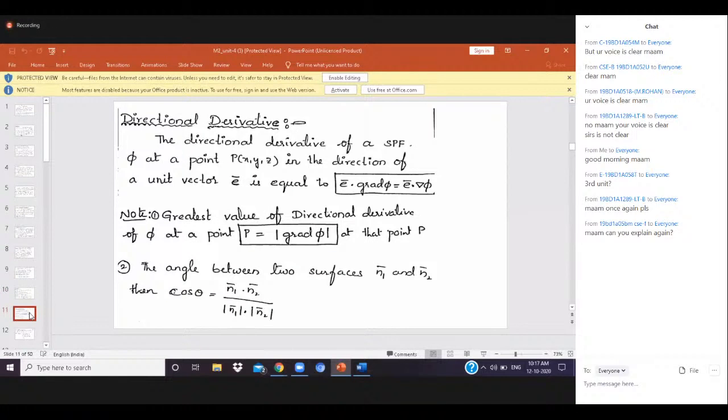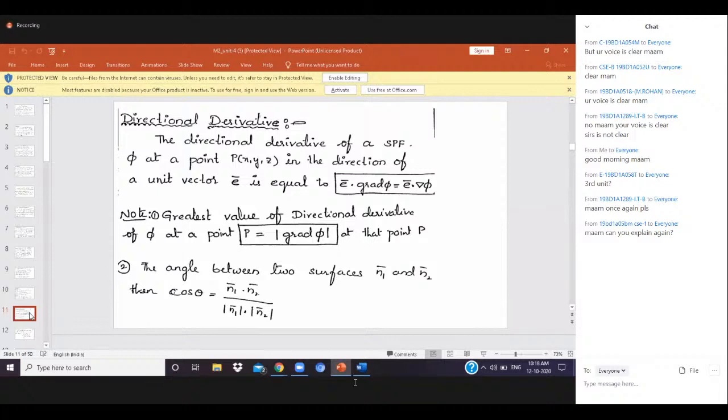And the damn sure question of this unit is directional derivatives. This is a formula you have to remember: e bar dot del, where e is the unit vector in that direction. This is the directional derivative. Under this, we have two more questions also: one is the greatest value and another is the angle between the surfaces.